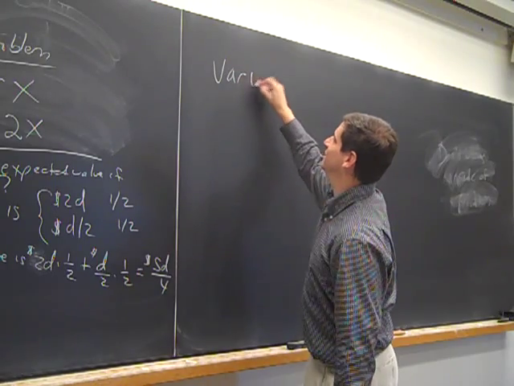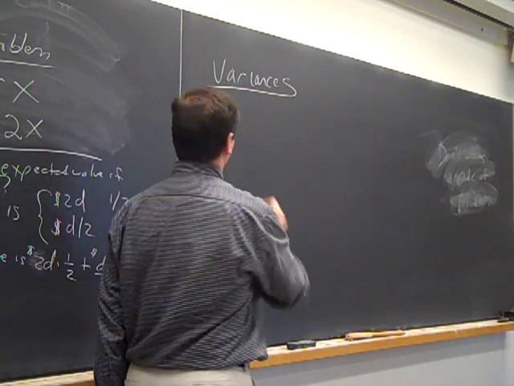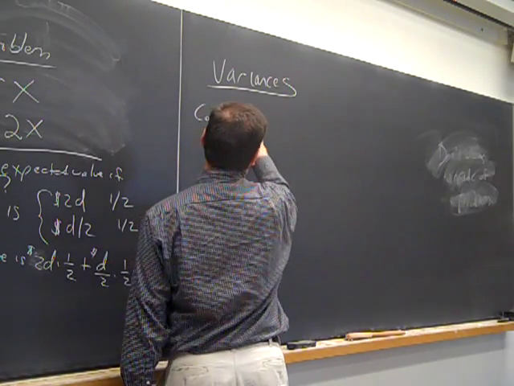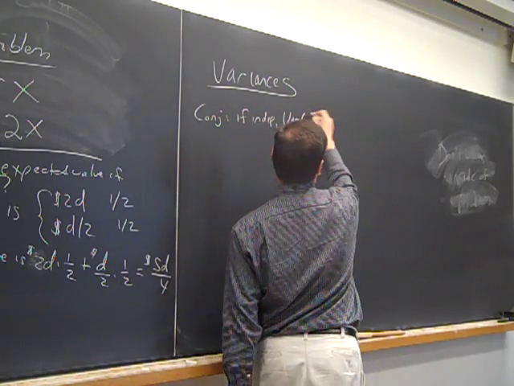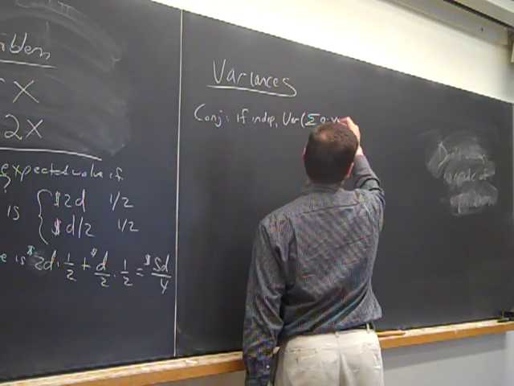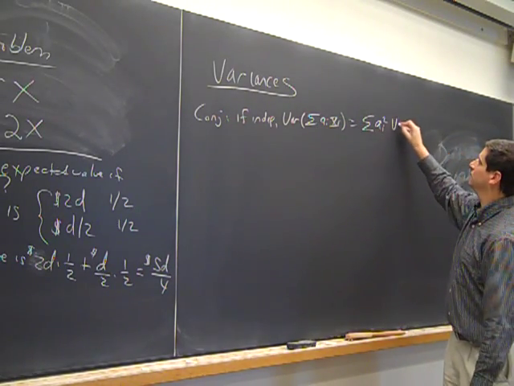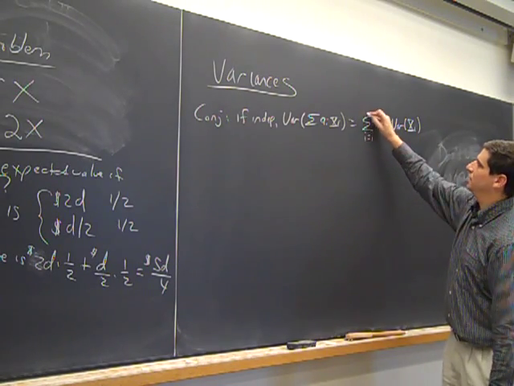Okay. Variances. So we've talked a little bit about variances before. And we're conjecturing, maybe if independent, the variance of the sum of a_i x_i is the sum of a_i squared variance of x_i, say i goes from 1 to n.